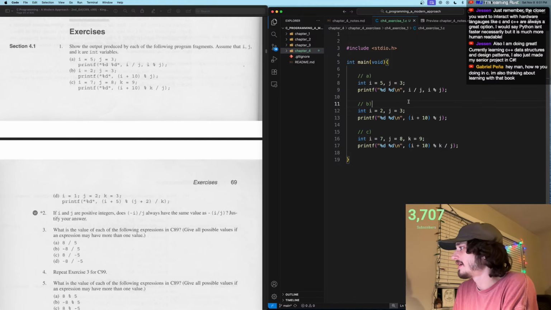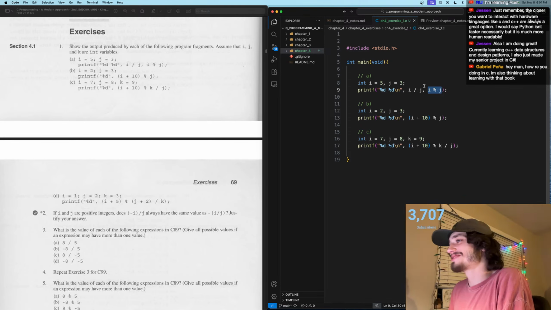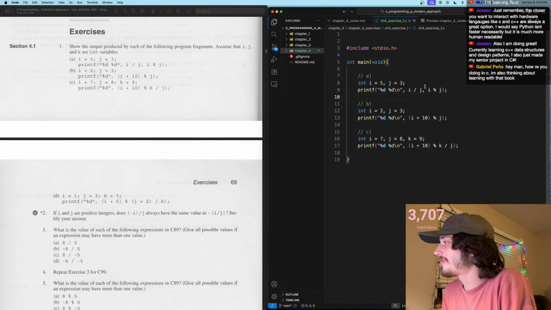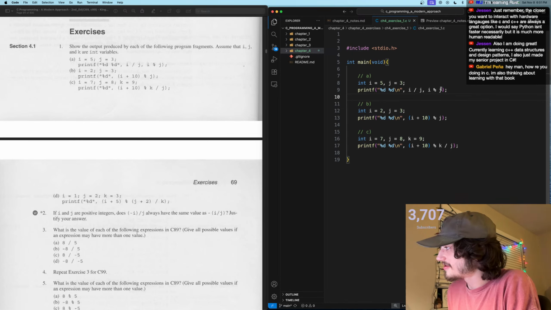Then let's say 5 modulo 3. Dude, I swear I always have to look up the modulo because I always get it confused. I know exactly what it does, the remainder, but I always get confused about the order of it. So if we're taking 5 modulo 3, we're doing 5 divided by 3, which has a remainder.